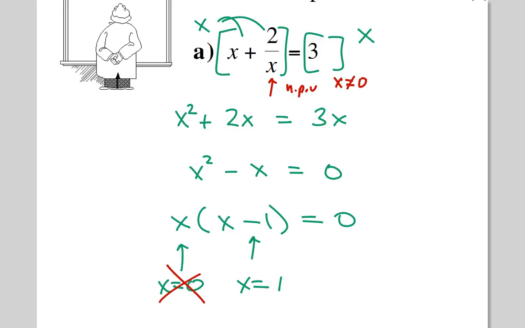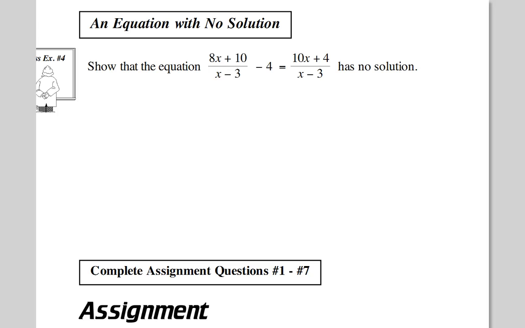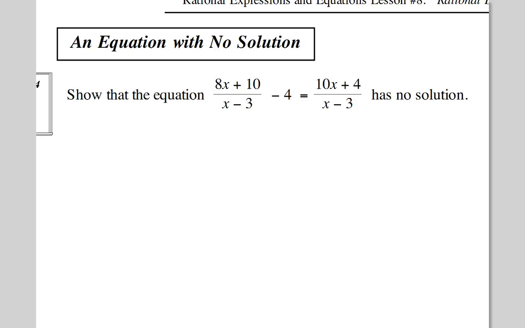Okay, so we've seen equations where both answers work. We've seen equations where only one answer works. And now what do you suppose is going to happen next? An equation with no solution. All right.